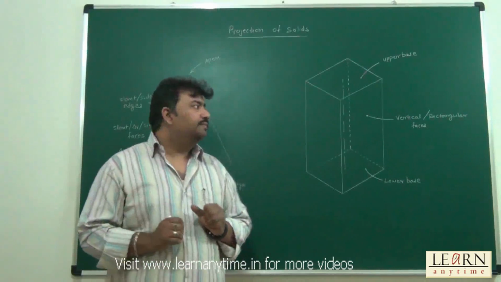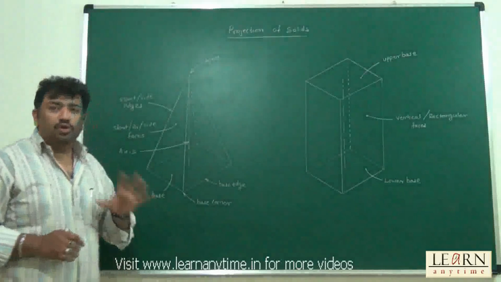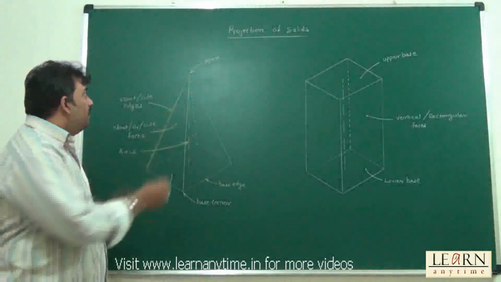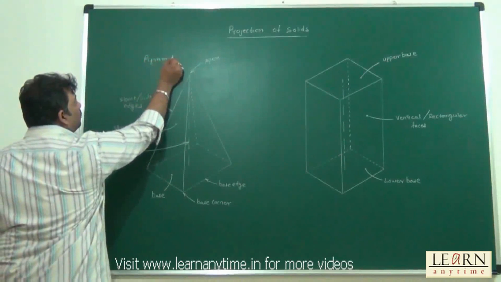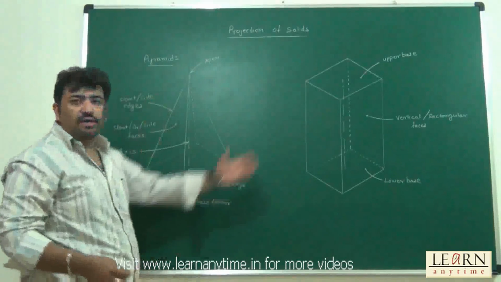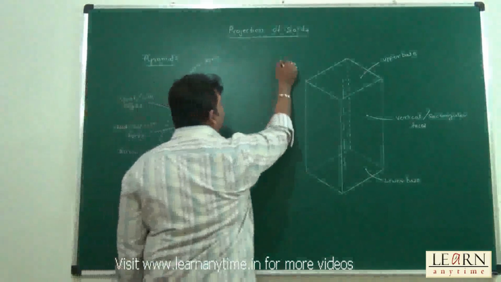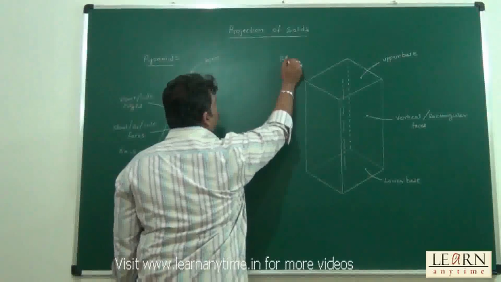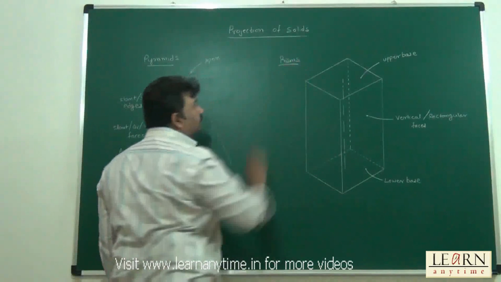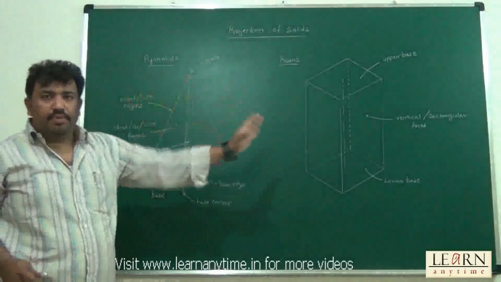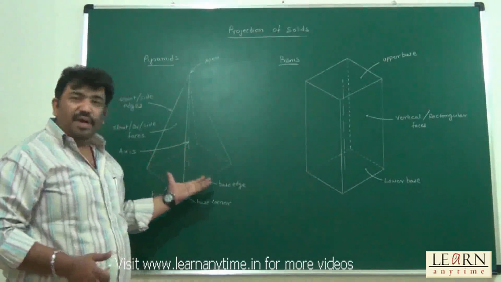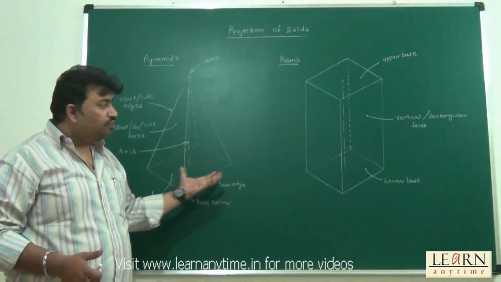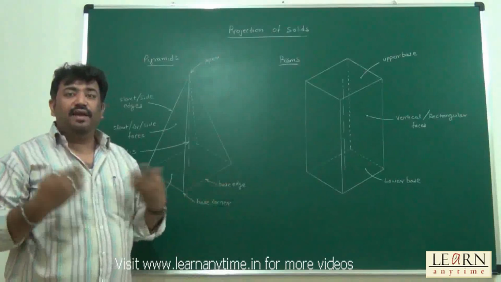Now briefly speaking, there are only 2 types of solids: pyramids and prisms. Now depending upon the shape of the base of both the solids, they get their names.